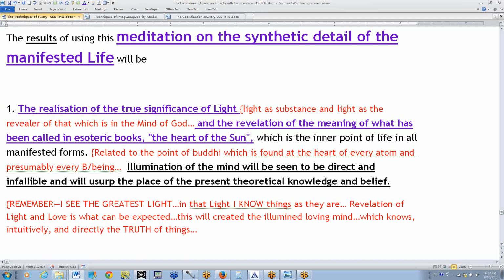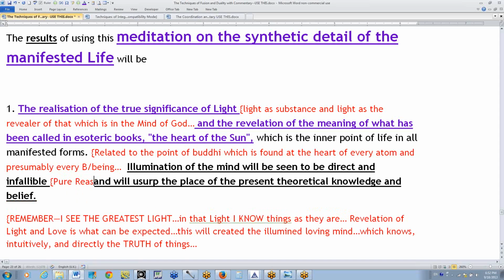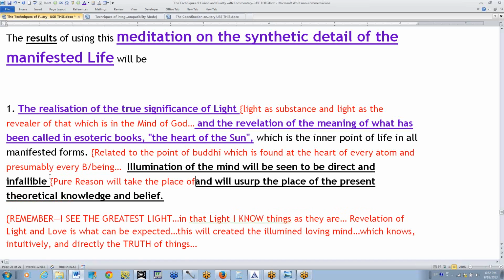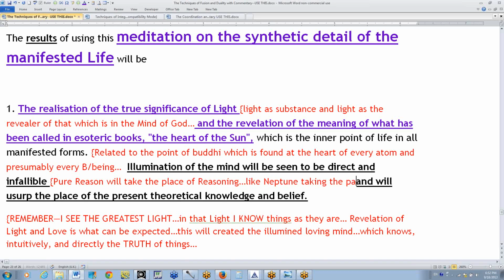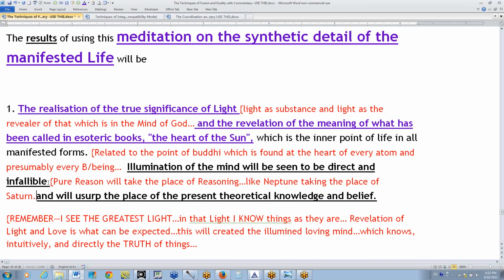So, illumination of the mind will be seen to be direct and infallible. And, well, we can say, really, that pure reason will take the place of reasoning, like Neptune taking the place of Saturn. Saturn is sequential, reasonable, and as it affects our lower minds at least, gives us the ability to logically pursue the truth, but it is not immediate revelation.